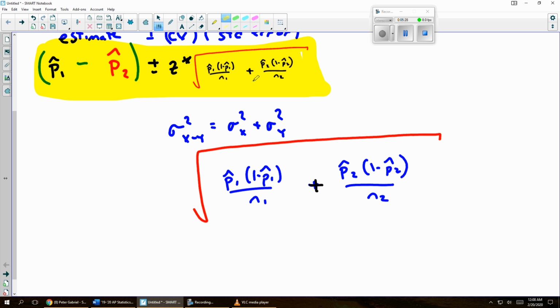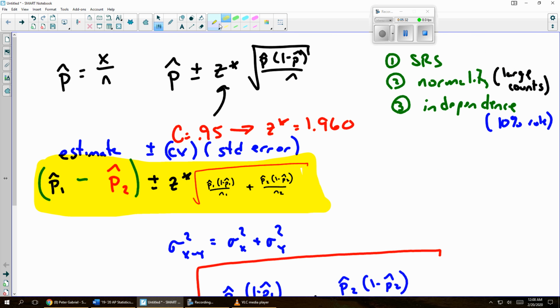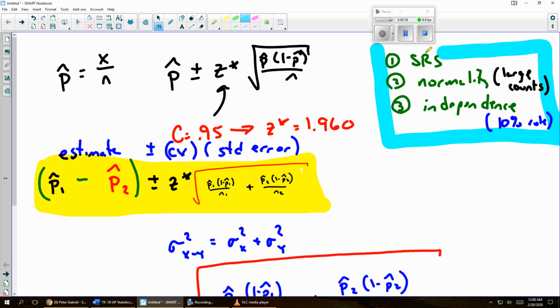This will give me a good confidence interval, provided that the three conditions we talked about before are met for both groups. Those things have to be met for each group, and then also the two groups must be independent.